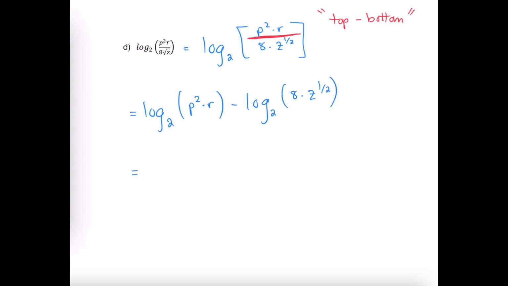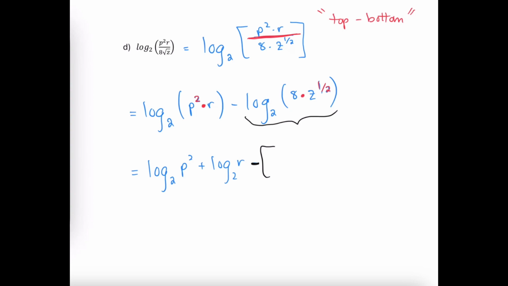Now we can use the product rule on each of these because each of these has a product. We're not allowed to use the power rule just yet because neither of those powers are powers on the entire argument. So let's start with the product rule. We'll expand this first one as a product. So this is going to be the log base 2 of p squared plus the log base 2 of r minus, now this second logarithm is going to expand into a sum, but we're subtracting that entire second logarithm and whatever it expands into.